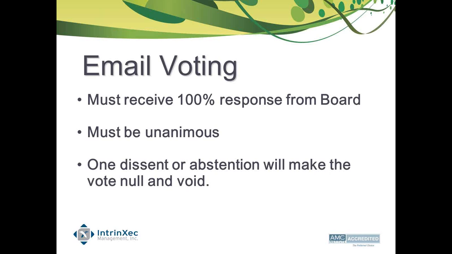And that goes directly back to that example I gave earlier, that if there's one person who doesn't vote, now you don't know what their thoughts are. And if there's one dissension over email, you're missing the opportunity to engage in discussion with that person about why they don't agree. So we discourage email voting unless it's just a formality for something that you know is going to be approved. And you have to make sure you get 100% response from the board and it's unanimous.